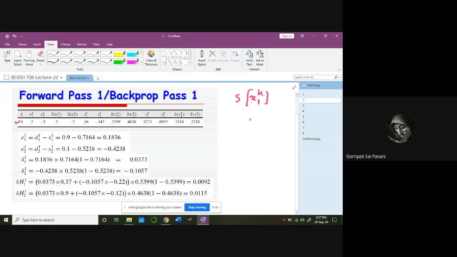No, check carefully. That's the input data. I said in the input we are not using any functions. It's simply a linear function we are using, so whatever comes as input will be passed. Here, 0.5 after passing through the linear function, you are going to get 0.5. Is it clear, Pavani?